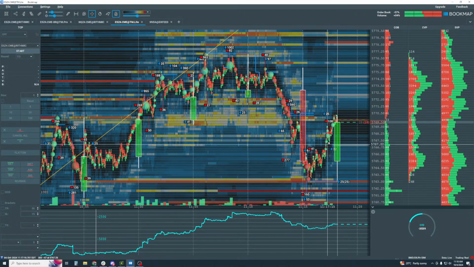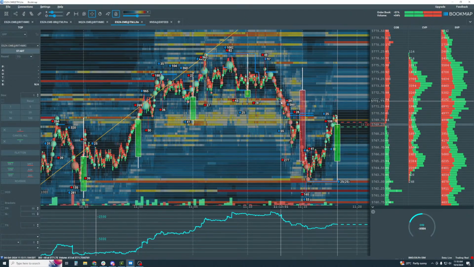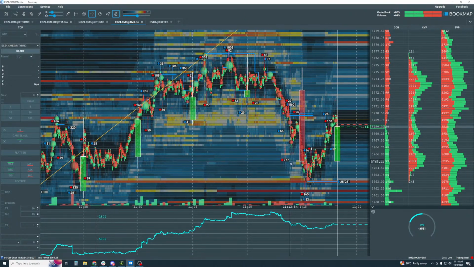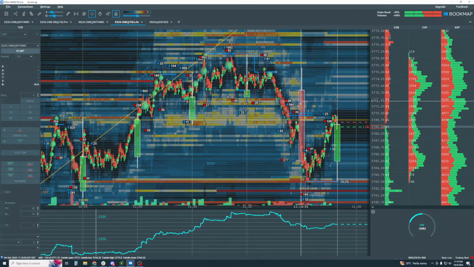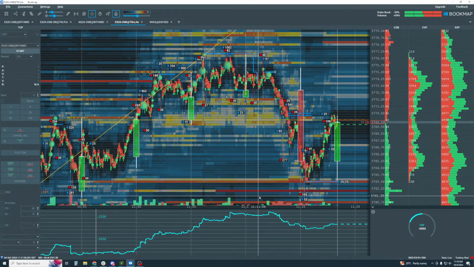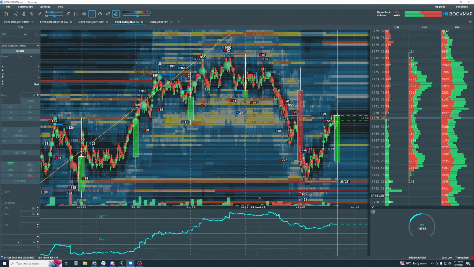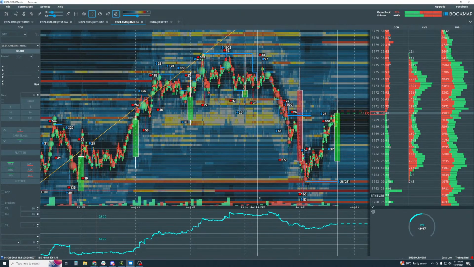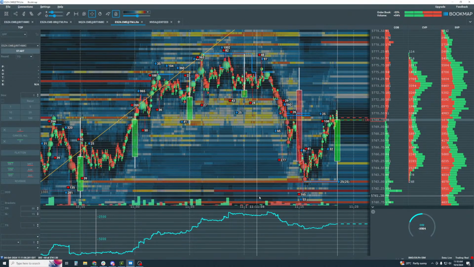So we're looking for a natural move back up to where it dropped from, for the market to just kind of float back up into that area. And probably on light buy volume, to be honest.